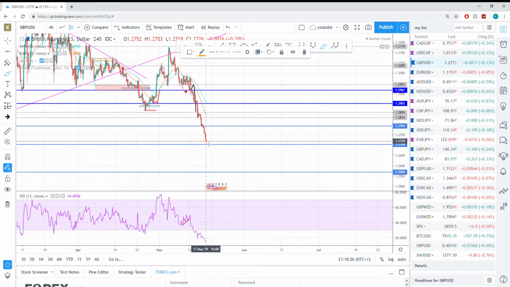in terms of the shorts, the sellers winning, I highly think that this is unlikely, but if it was to come down here, I would be looking for some sort of reaction.